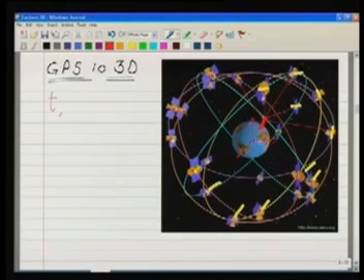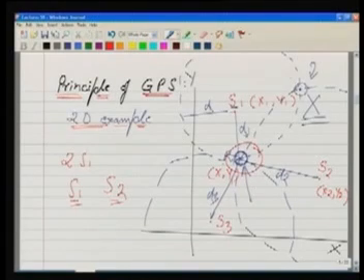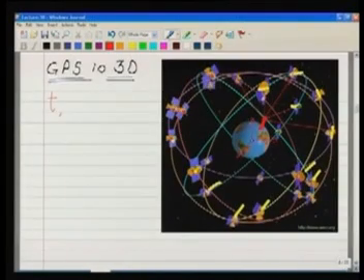So all these distances can be measured. If we extend our example here, in this case we required two satellite positions, S1 and S2, to locate our point, because we can eliminate one. So in the 3D case, we will need 3 satellites.